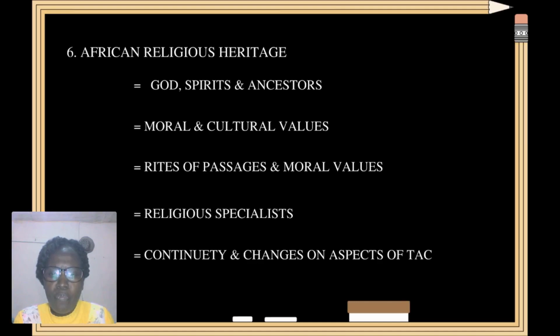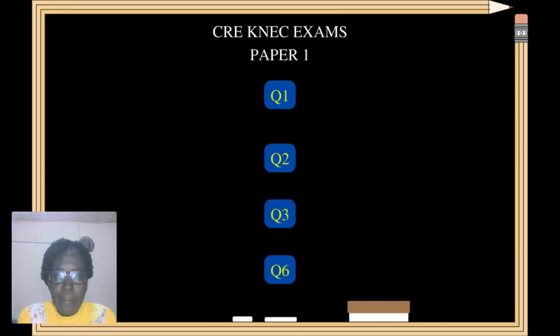So you need to be able to identify them, explain them, and as you explain them, let the examiner know that you at least know something about what was happening. It's a question that can always arise. Now, Form 1 work is done when you have tackled all those areas that I've given. Now, I want to outline that when you sit for your CRE KNEC exams, Form 1 work covers paper 1 of CRE, that is 313/1.